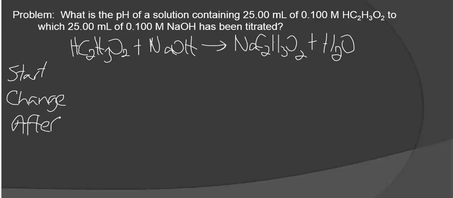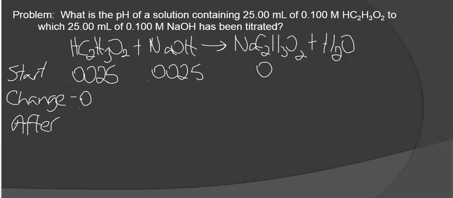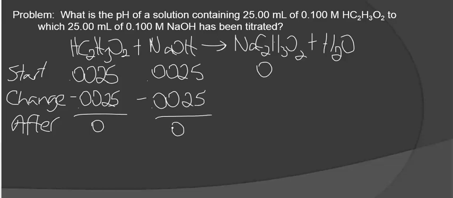The moles of acid, 0.0025. The moles of base is also 0.0025 initially. So both the acid and the base are going to be used up. And I will have some salt present at the end of the reaction.